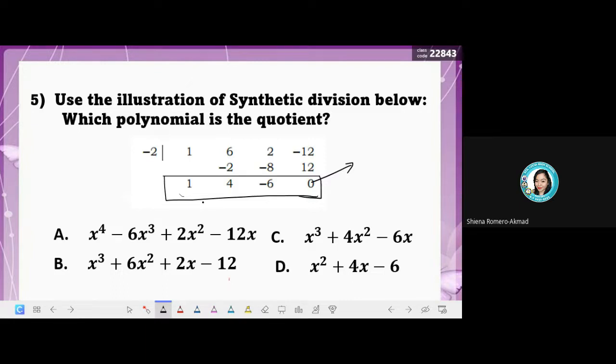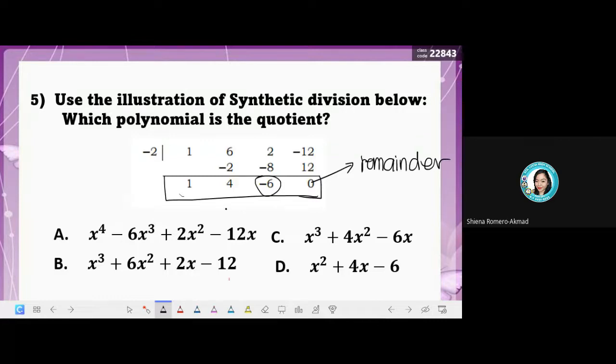Anong tawag natin sa 0 dyan? 0 is the remainder, correct? Ayan. Very good kayo ngayon. 0 is the remainder.